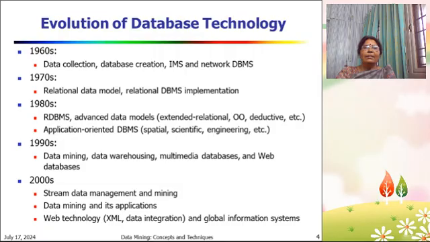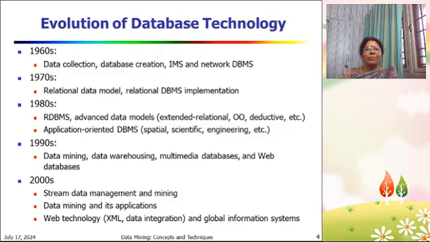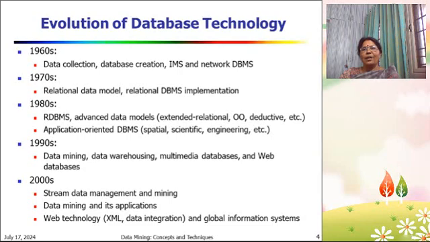Consequently, we dealt with relational DBMS implementation, and then in the 1980s, advanced data models like extended relational database, object-oriented database, and deductive databases all came into existence. In the 1990s, we introduced the concepts of data mining and data warehousing. So the database concept has slowly changed to a new term, data warehousing. Later we'll be discussing the difference between traditional databases and data warehouses.